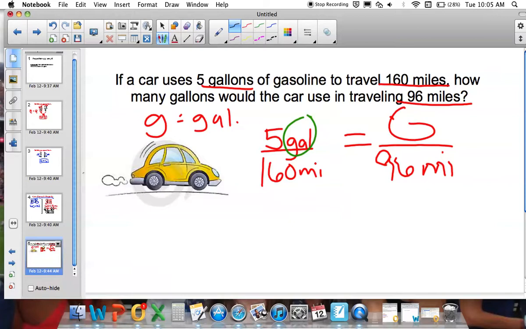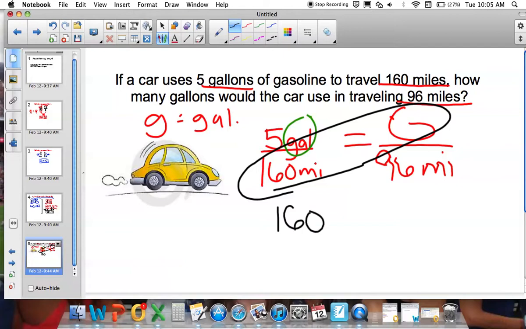Now we're going to solve using the cross products property. We could look for an internal relationship between 5 and 160, but I want to practice the cross products property because that works every single time. So let's multiply these two numbers together. 160 times G is 160G. And 5 times 96 should be on the right side of the equation.